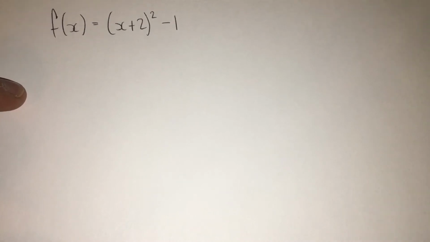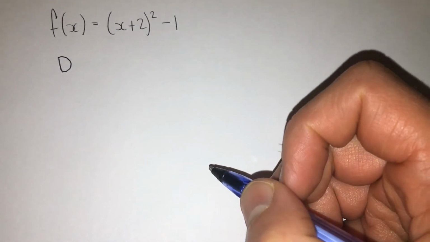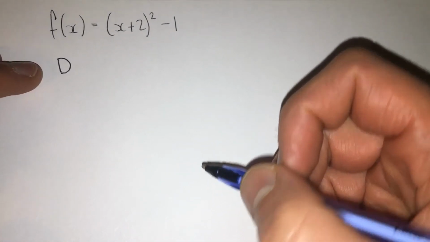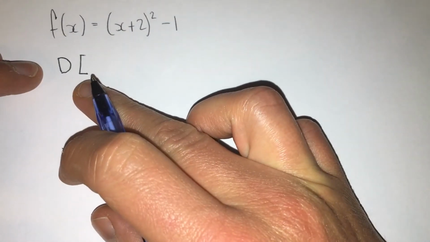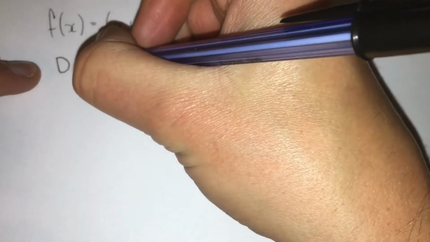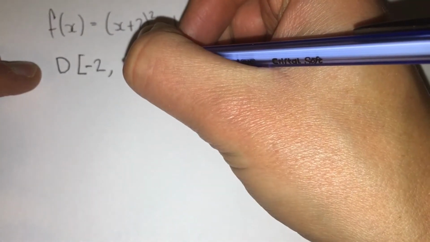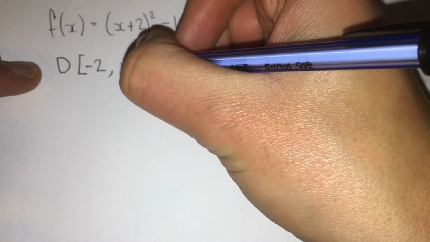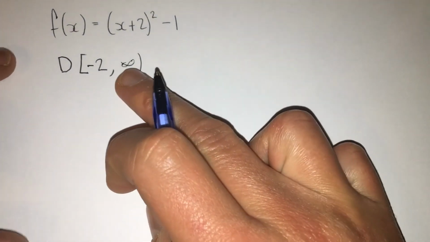There it is again, f of x equals the square of x plus 2, take away 1. Now let's say we restrict the domain. We'll use D for domain, and we'll say that the only numbers you can put in are, square bracket, which means it includes the number I'm going to write here, which is negative 2, and it's allowed to go up to infinity, and we'll put a round bracket there because that's a limit.